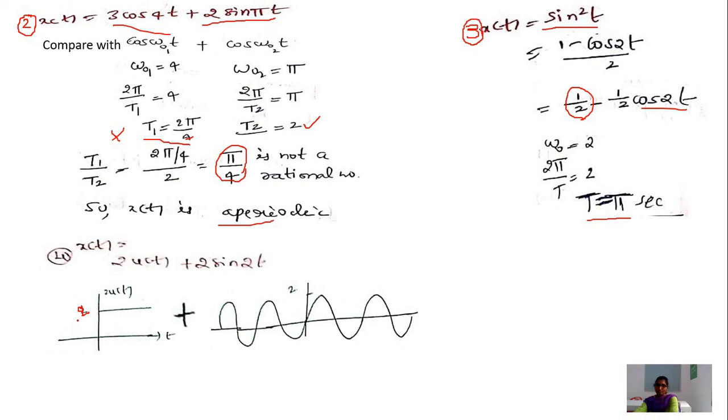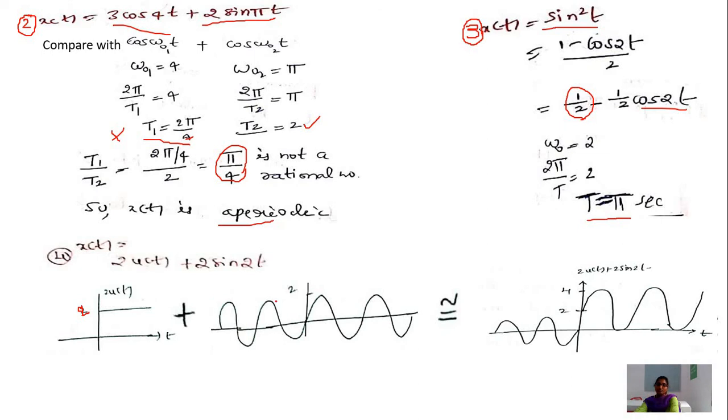The u of t signal exists only for the positive t axis and the sinusoidal signal exists over the entire range. Then this is the signal, because on the positive axis the u of t amplitude will be 2 and the sinusoidal amplitude will be 2, so the net amplitude will be 4.